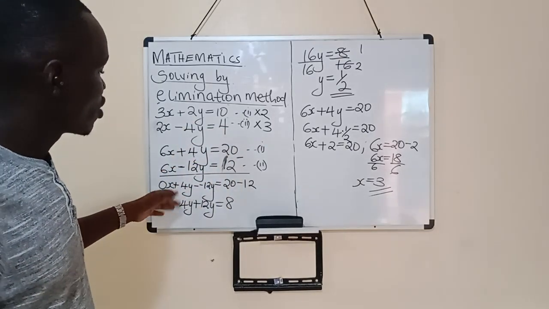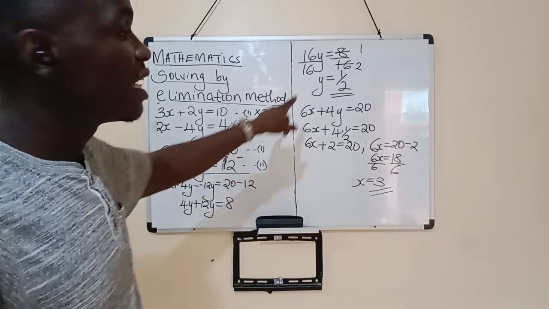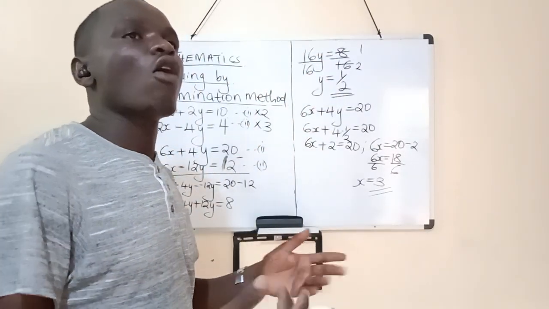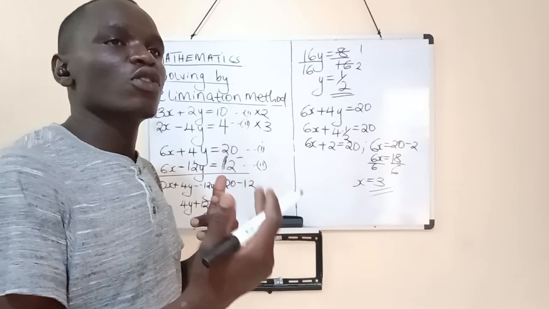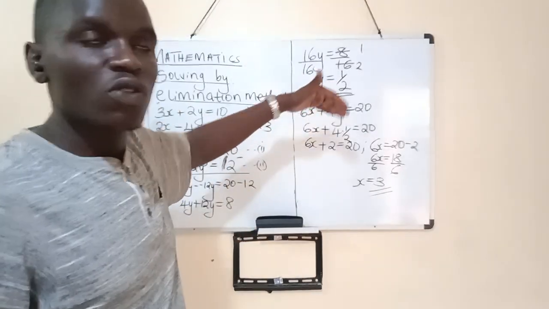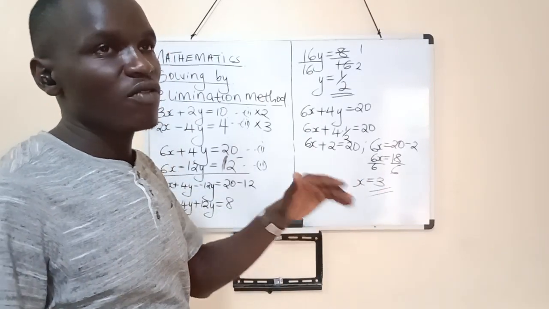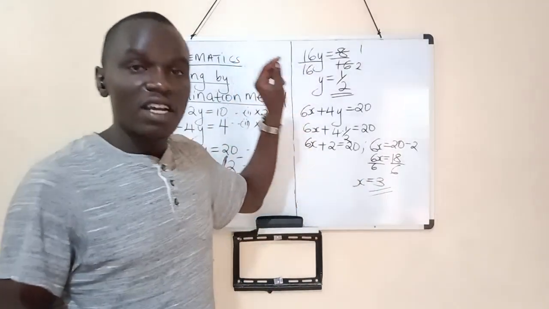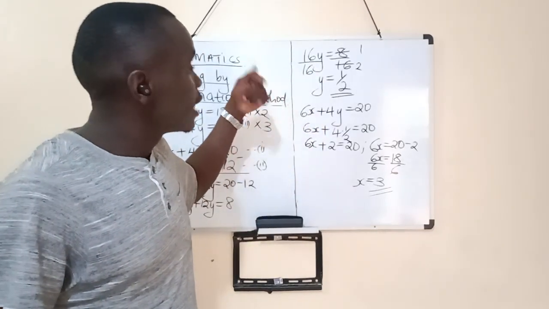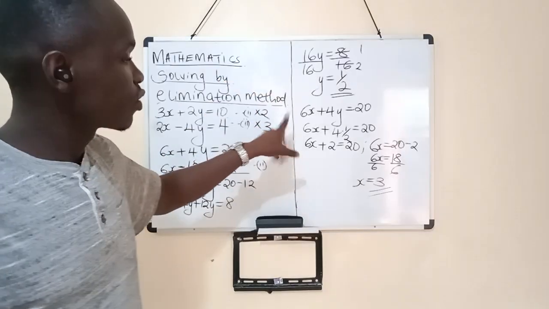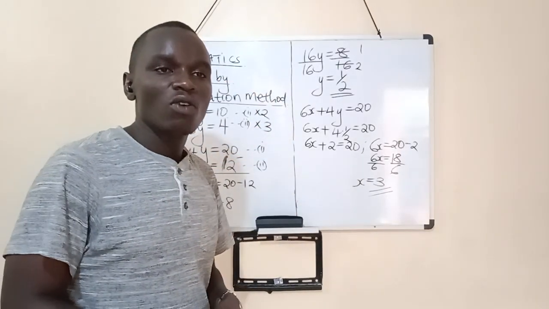After obtaining this, you subtract one equation from the other. After subtracting, you are able to obtain the value of the term you chose not to eliminate. So we chose to eliminate x, and we got the value of y. Suppose we chose to eliminate y, we would have obtained the value of x. Then you choose any equation and replace the value you obtained so that you can obtain the value of the other one.